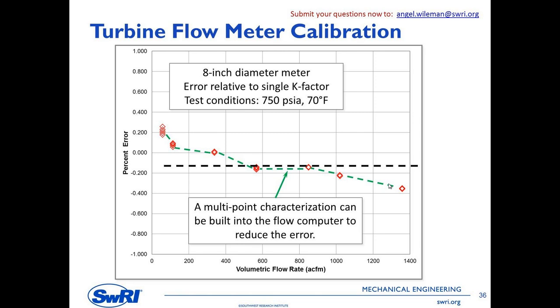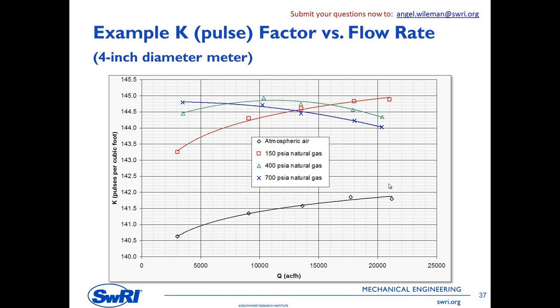The other thing that you might want to consider is what pressure are you testing at. This is an example of a 4-inch meter tested at atmospheric air, that's the curve down here, and then tested with natural gas at elevated pressure. And you can see that there's almost a 2% shift between the meter's behavior with atmospheric air and 150 psi natural gas.